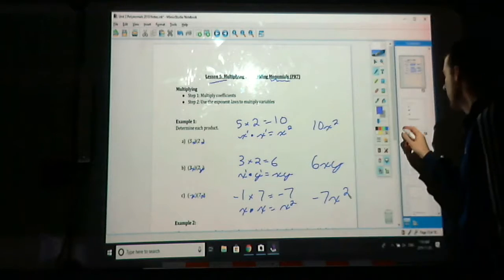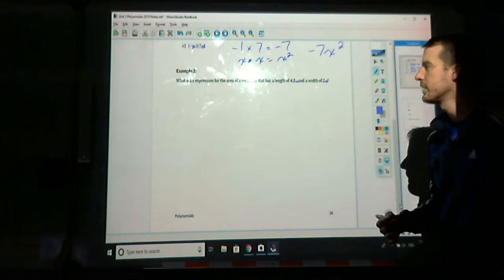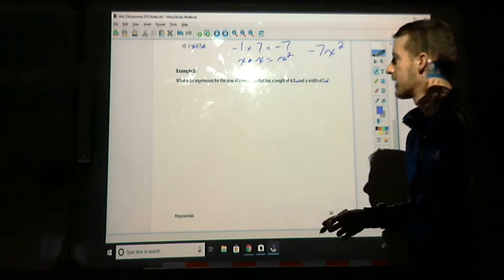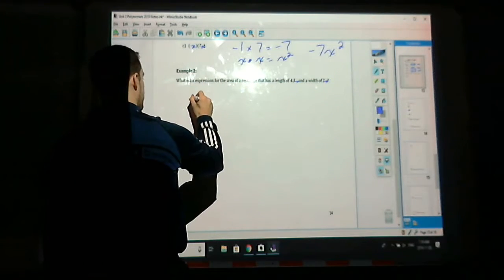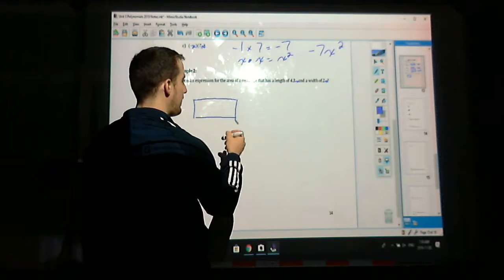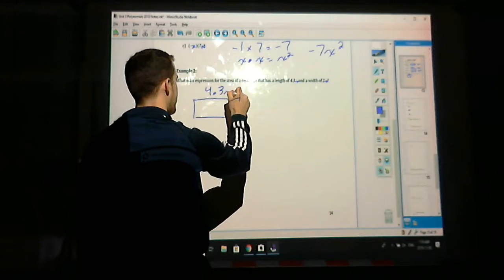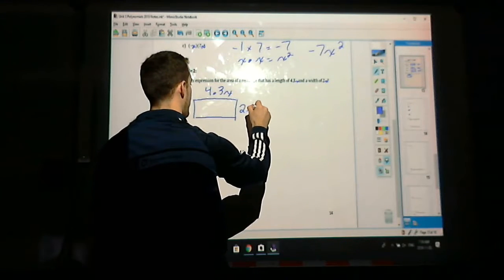Okay? All right, let's keep it moving, guys. So what is an expression for the area of a rectangle? Let's just draw a rectangle that has a length of 4.3x and a width of 2x.